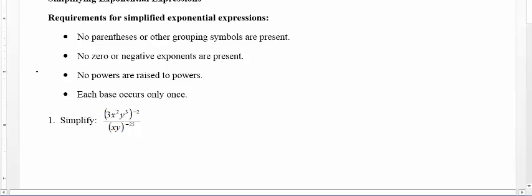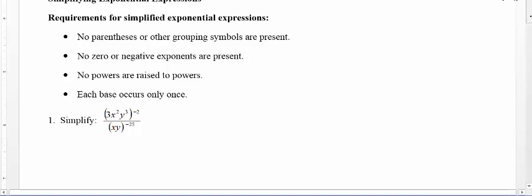And no powers are raised to powers. Each base occurs only once. So we want to get number 1 in this form.